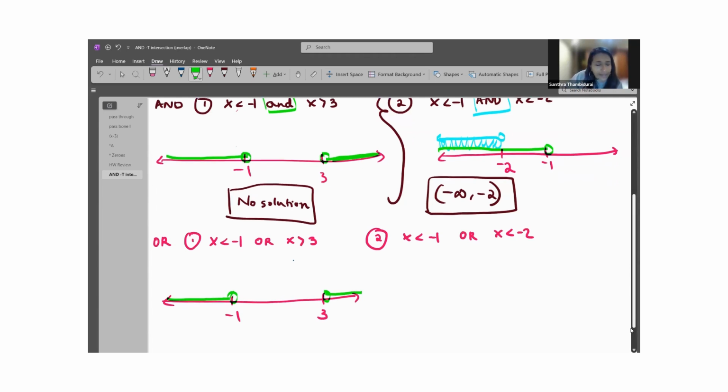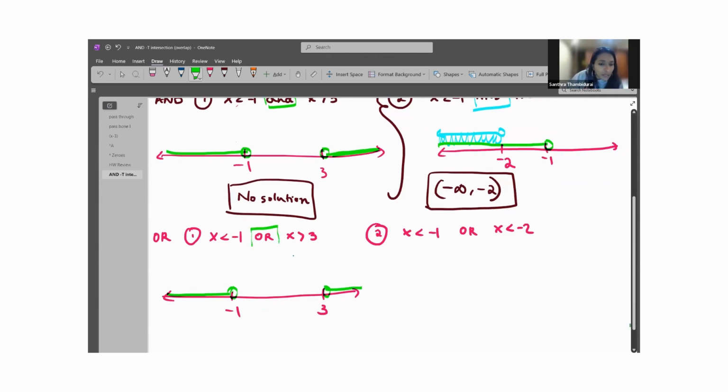But because these inequalities are combined by an or, you're looking to combine both into a single solution. You need both answers together. So your answer would be x is less than -1 or x is greater than 3. Written in interval notation, it will be -infinity, comma, -1, union 3, comma, infinity. Both those parts you need, okay? That's your solution. So you see how the solution is different when you have an and versus an or, no?